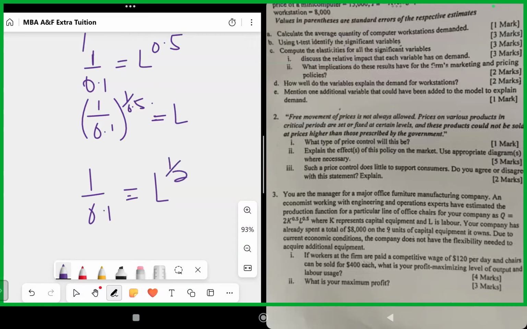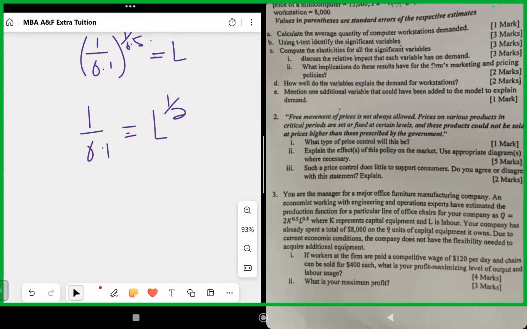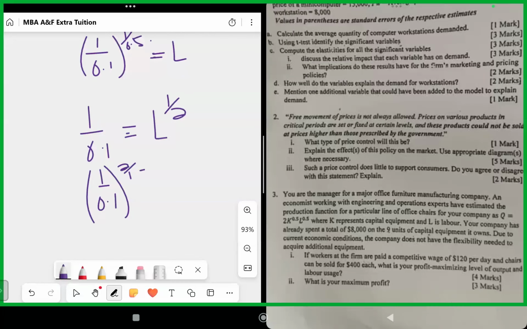So when it crosses the equal sign, turn it upside down. But it's going to affect the entire fraction. So when I turn the 1 over 2 upside down, it's going to be 2 over 1. And 1 over 0.5 is the same as 2 over 1, or 2. Do you get it?